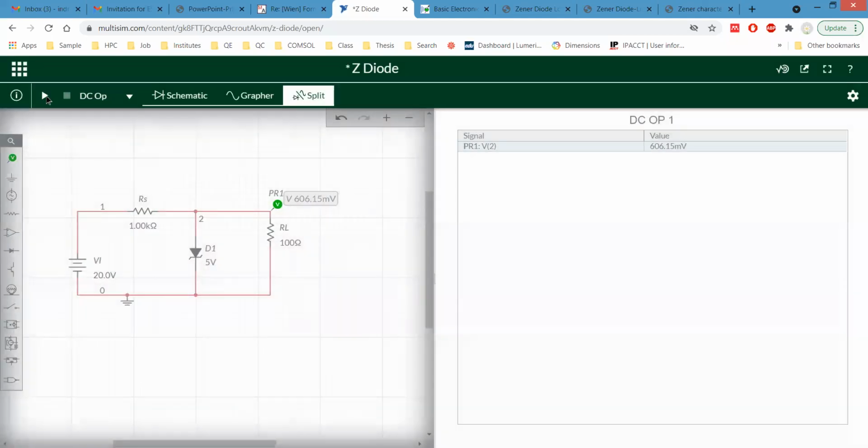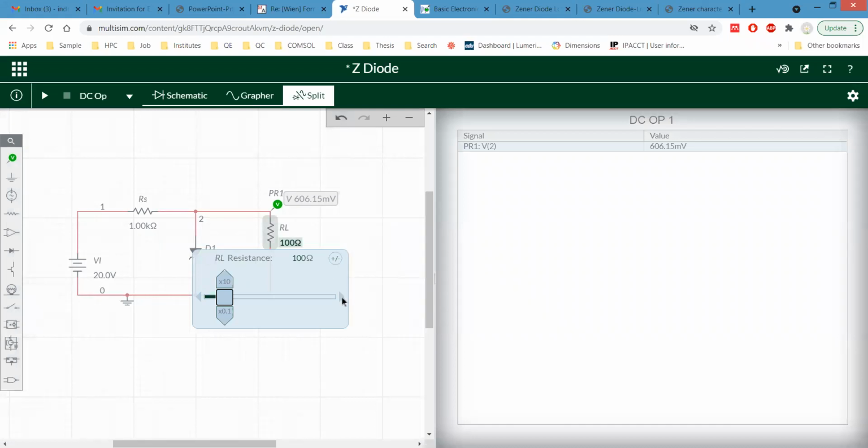What is this one? V2. Okay, please note it down. Then we will see. Any one of you, please note it down. Noted? Okay.